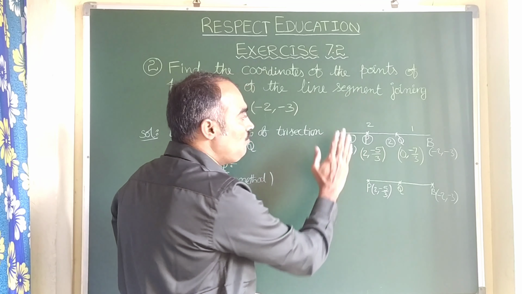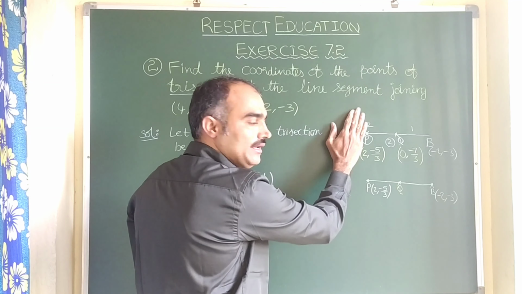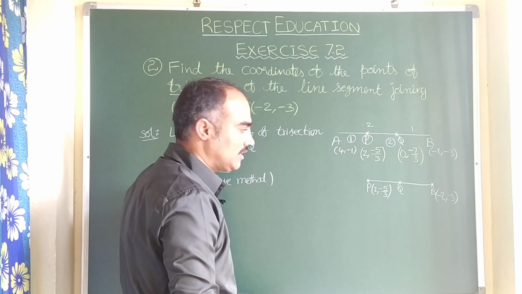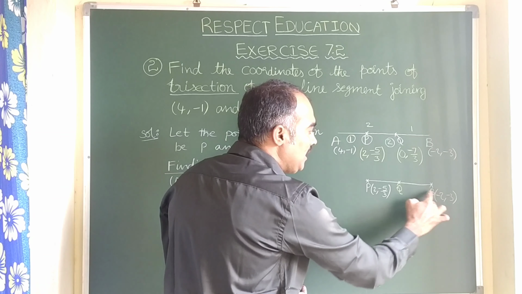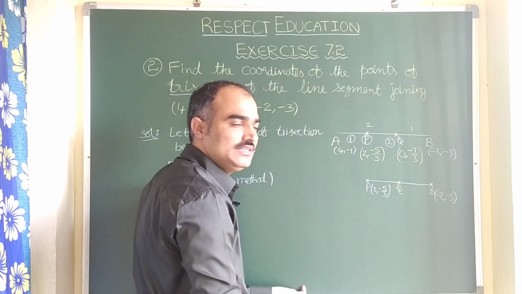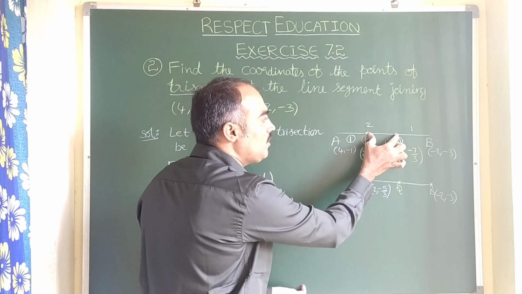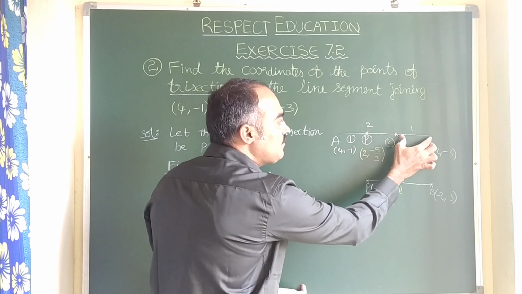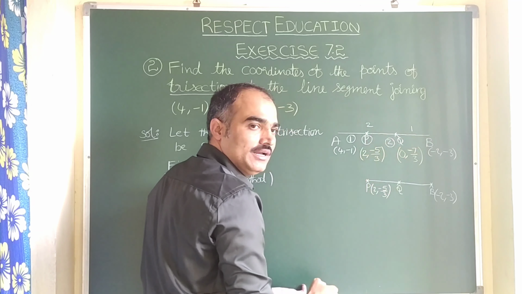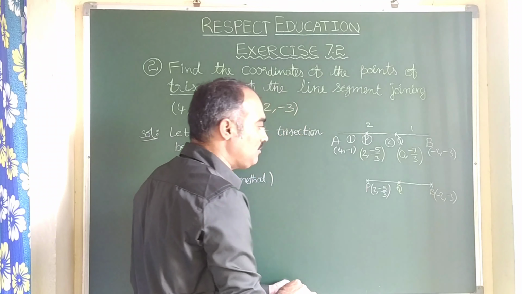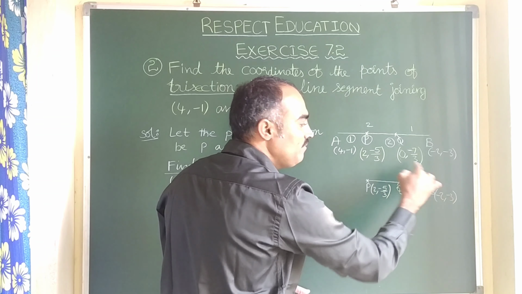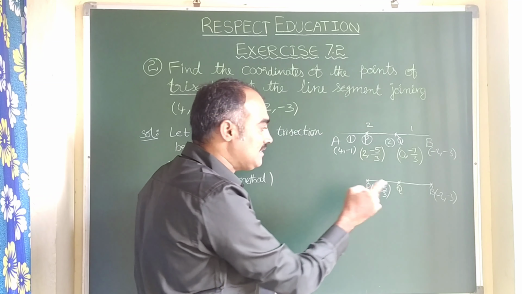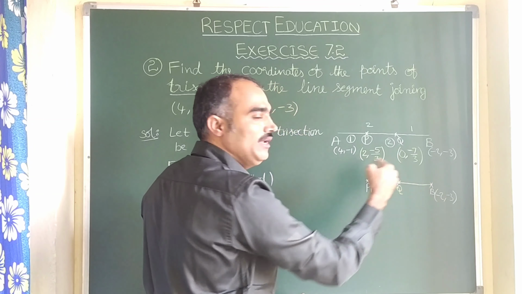Right? Now what about PQ and B? Here you can easily find out that Q divides PB equally. Is it clear? See, this part is equal to this part is equal to this part. You find out about this AP, this part is equal to this part, means PQ equal to QB. PQ equal to QB means nothing but Q divides PB equally, nothing but Q is the midpoint of PB.